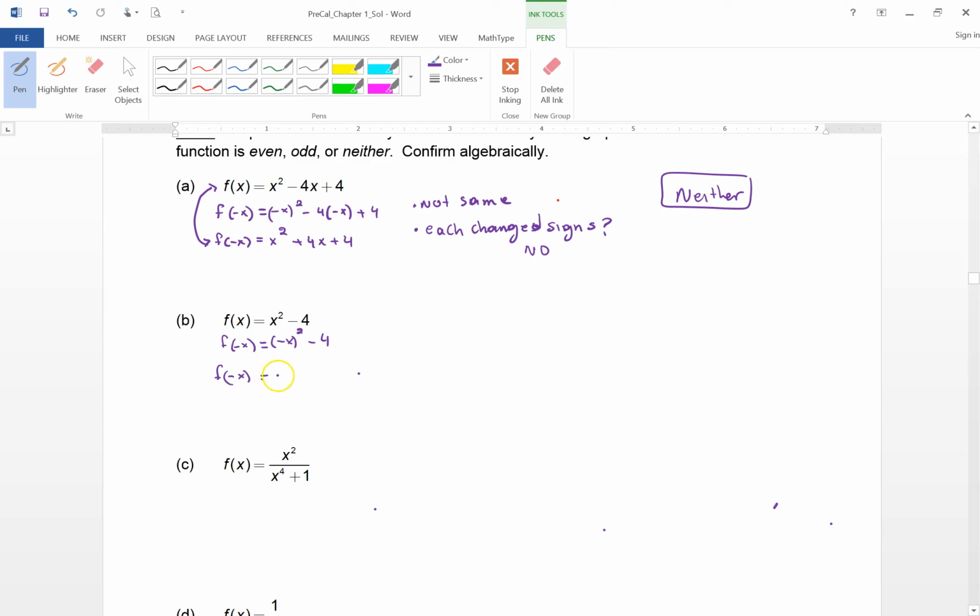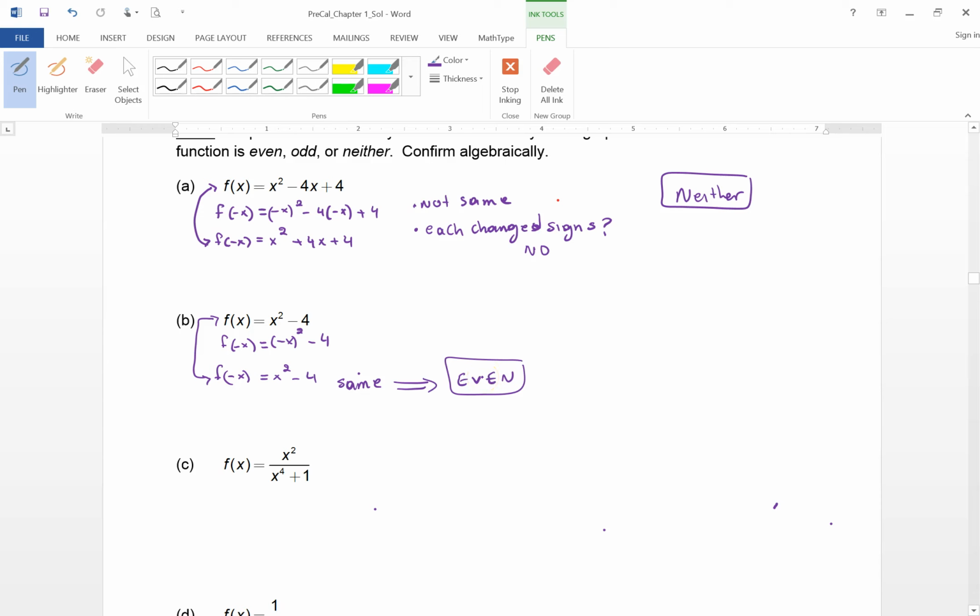F of negative x is x squared minus 4. Now, compare what you got with the original. How do they compare? They're the same. Means this is an even function. Okay? So you write even.